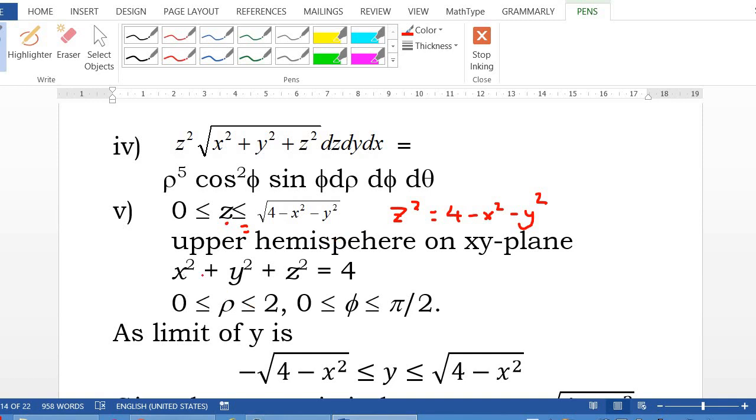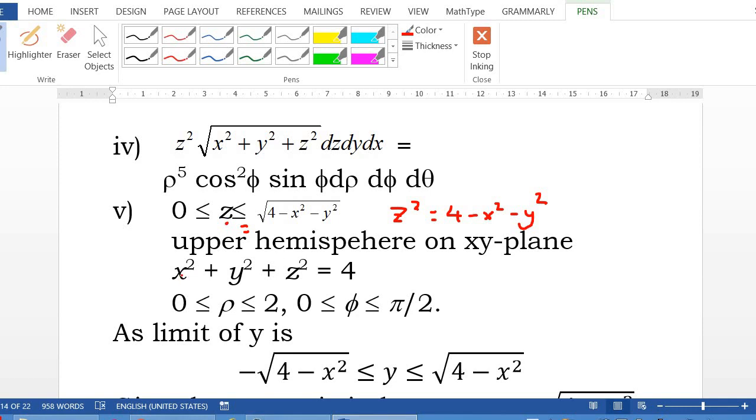From x squared plus y squared plus z squared equal to 4, if you cut it at z equal to 0, you have the upper hemisphere where the equation is z equal to positive square root of 4 minus x squared minus y squared. If you take the lower surface, which is the lower hemisphere, z will be equal to negative square root of 4 minus x squared minus y squared.